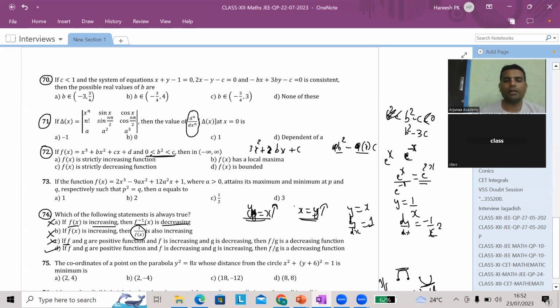So don't think that b square minus 3c will always be less than b square minus c. But in this question, if b square minus c is less than 0, b square minus 3c will also be less than 0. So what is the answer? Decreasing. Isn't it? Yes, sir.